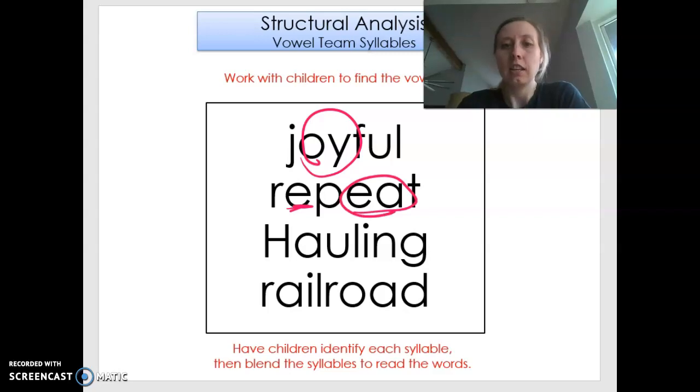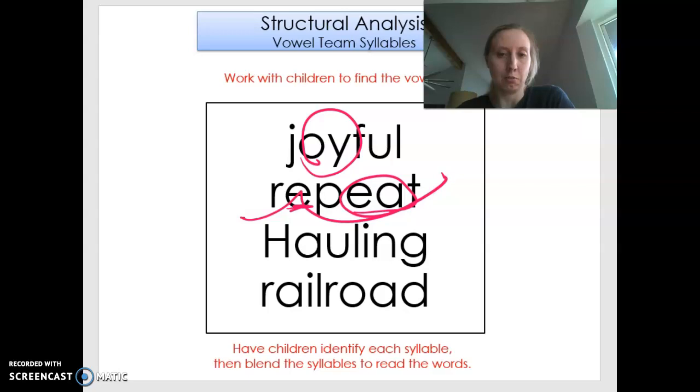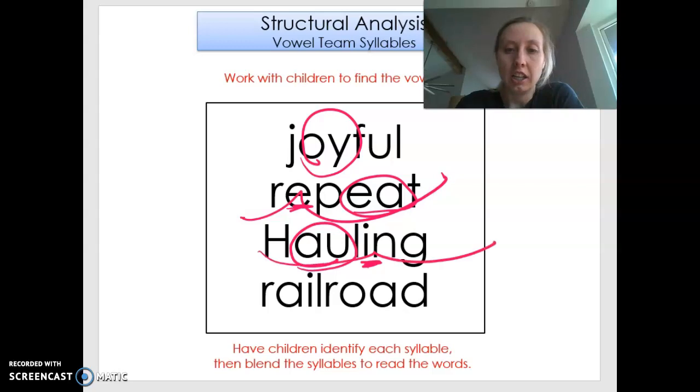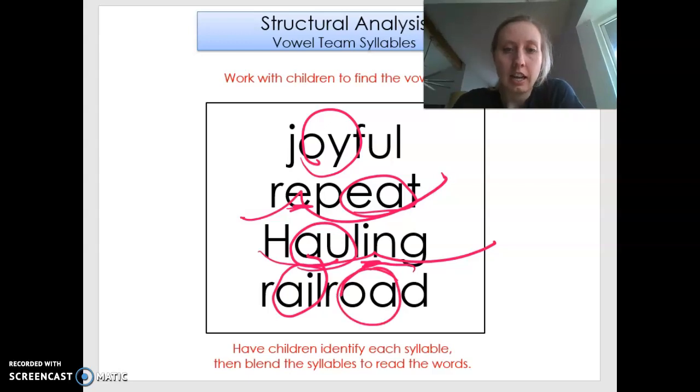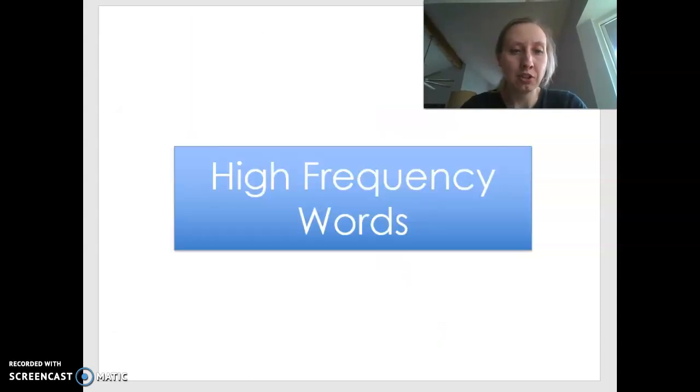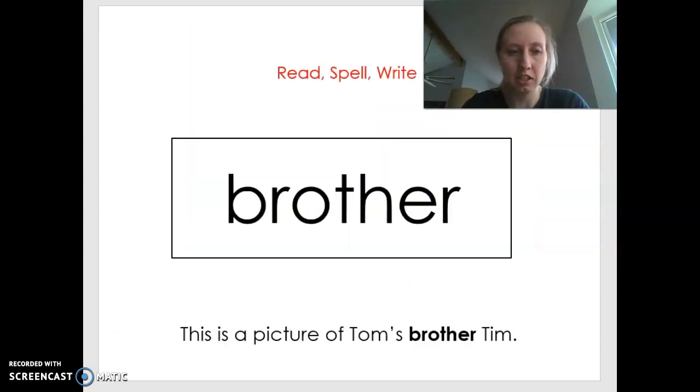Oh, there are two: EA, repeat. That's not a compound word because re is not a word by itself. Then we have AU, because we have a vowel here, but there's no other vowel. They have to have two vowels put together: hauling. And then I see two vowel teams, AI and OA: rail, road.